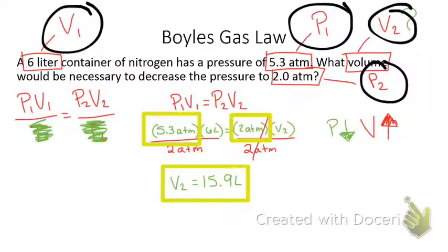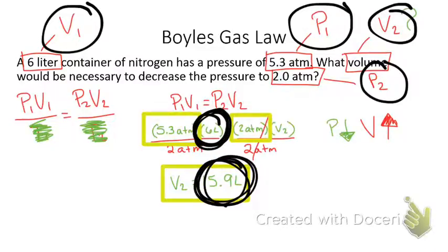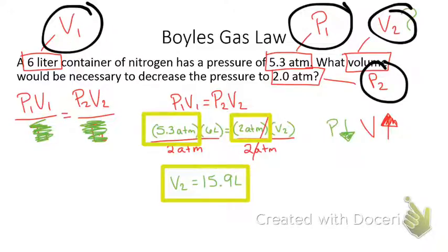So let's compare our two volumes. We started at 6 liters, we ended at 15.9. Did my volume go up? Well, yeah, you probably solved the equation correctly. So there are built-in checks there. You can use the relationship of Boyle's law to see if you're getting a correct value.